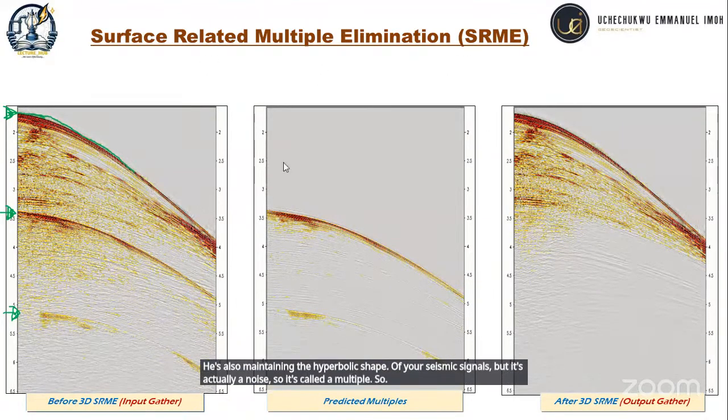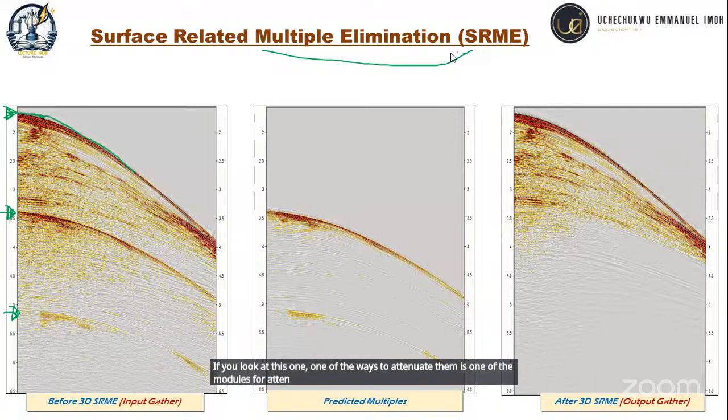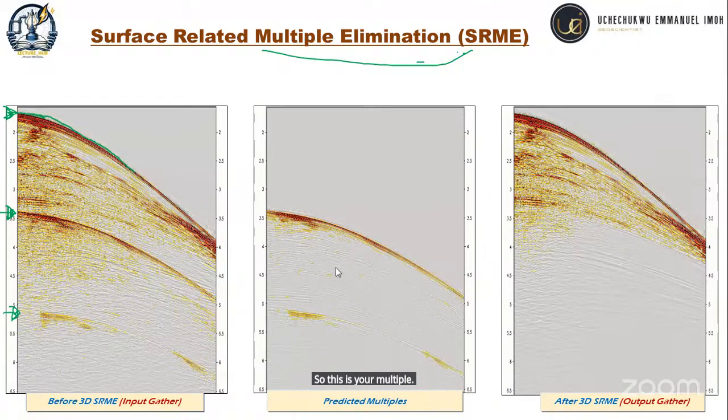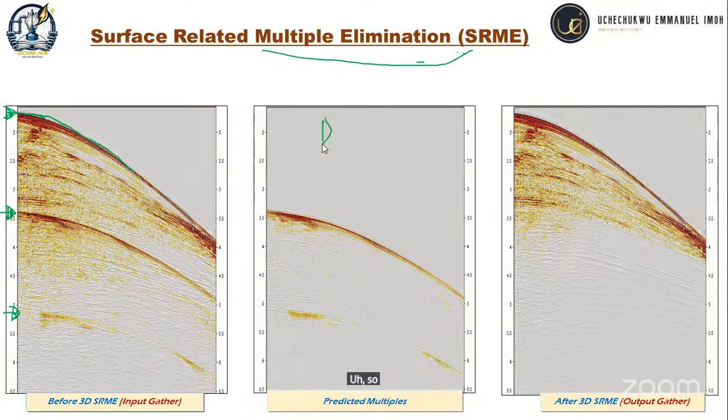One of the modules for attenuating multiples is called the surface-related multiple elimination module. So this is your multiple. This module will model the multiple as shown here on the second middle panel. The last panel is more like the difference, and it will show you after the multiple has been attenuated.